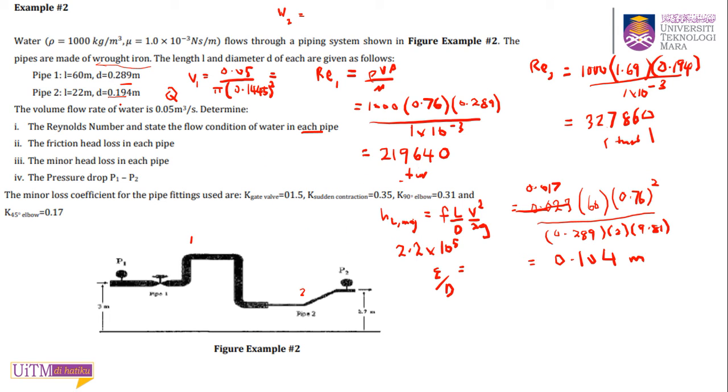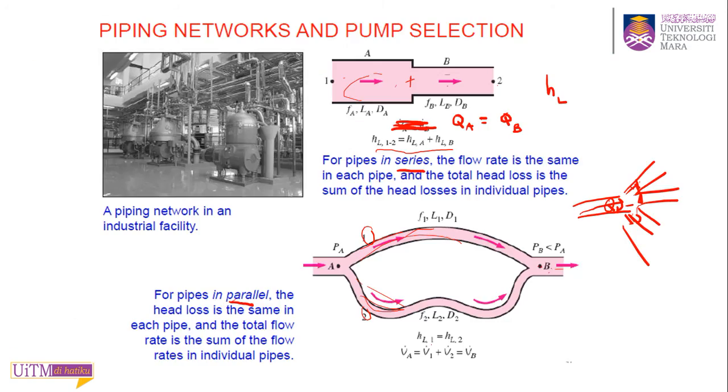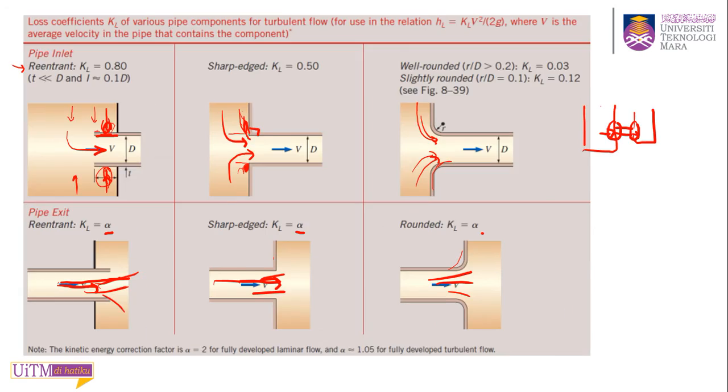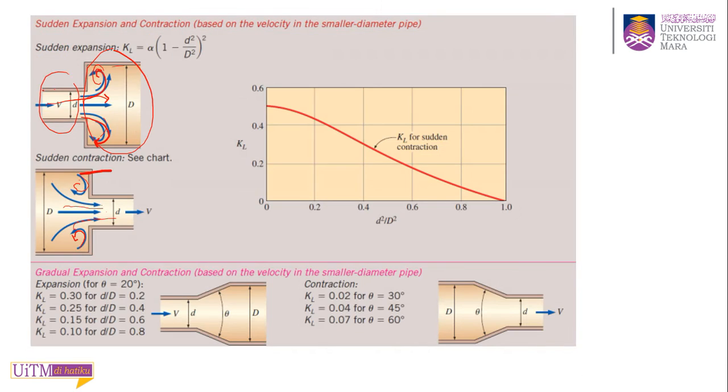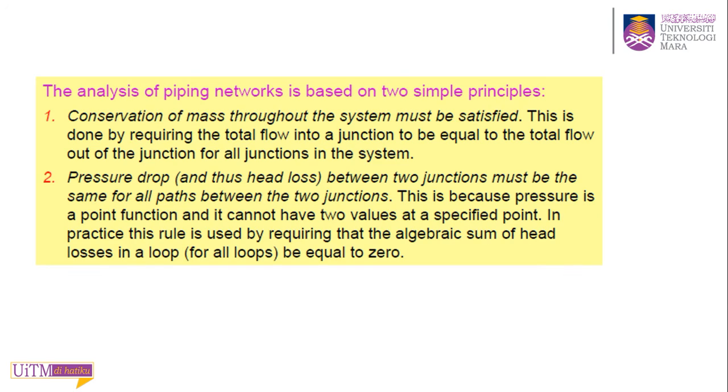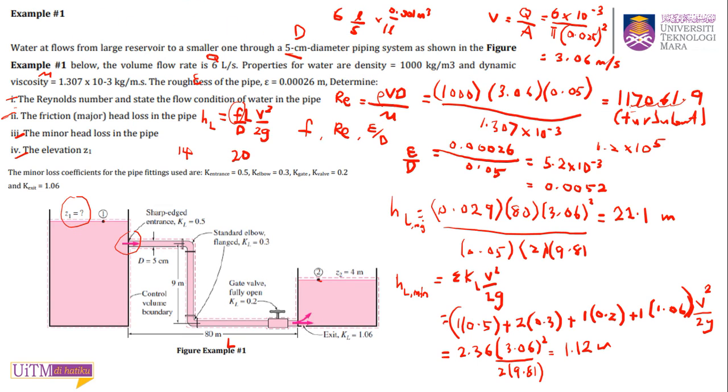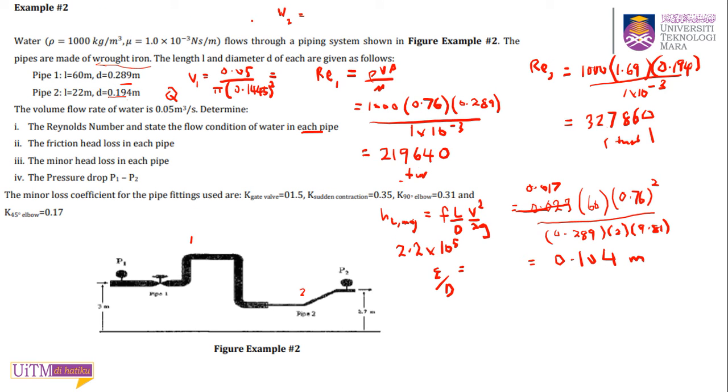For wrought iron, 0.046 divided by 1000, because this is in millimeter, don't forget, and divide by D for pipe 2, 0.194. I think I don't need to show you that. You can do that on your own, and you can get the friction head loss for pipe 2.